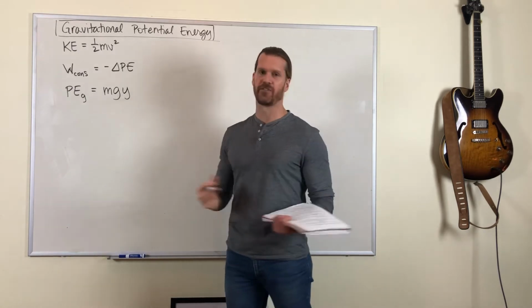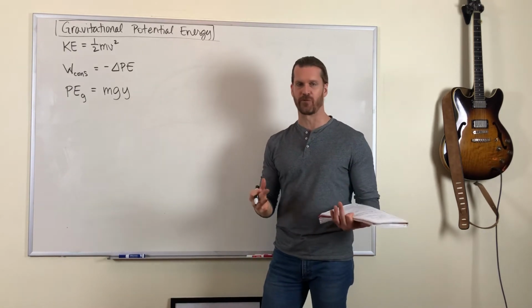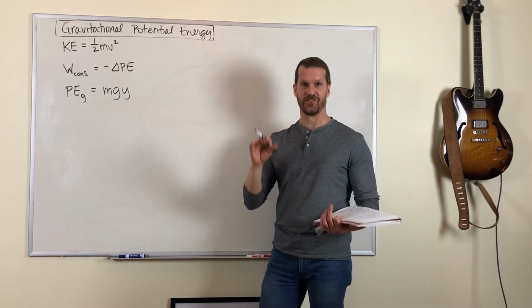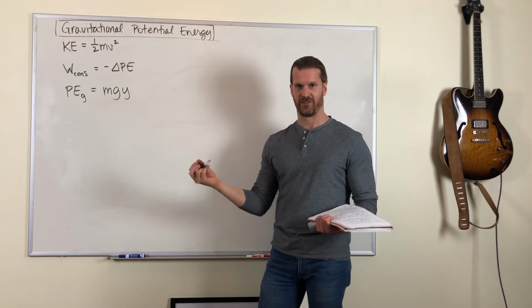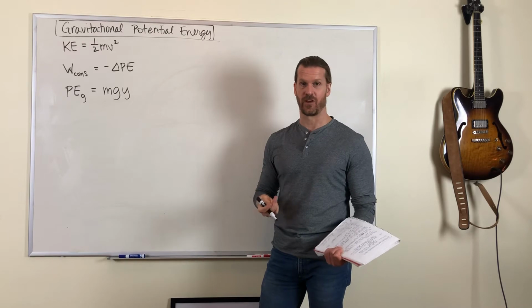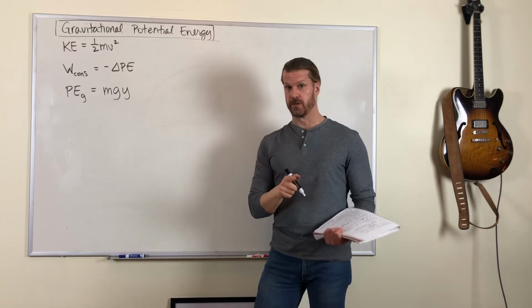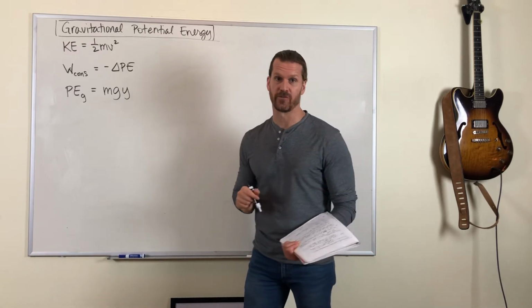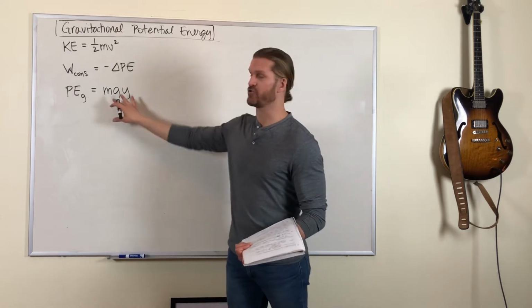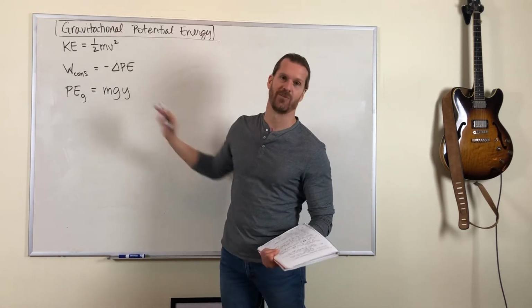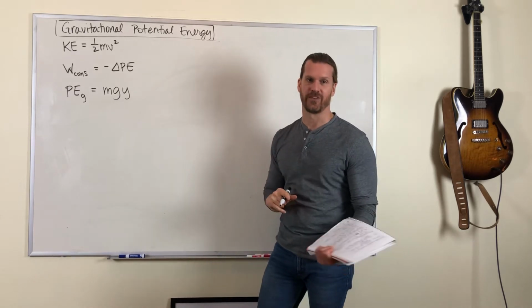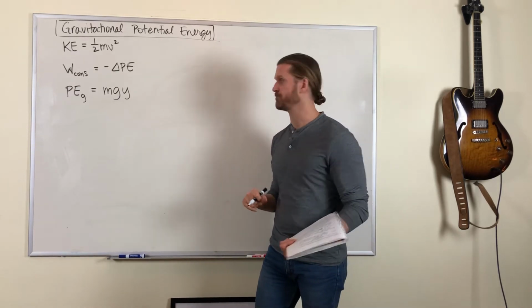But keep in mind that this height above the ground really refers to the distance between the two important objects in the problem, which are the mass and the Earth itself. Later on, when we talk about Newton's law of universal gravitation, we'll have a more general function for potential energy. This is kind of the simplified one that goes along with our simplified gravitational force, mg.